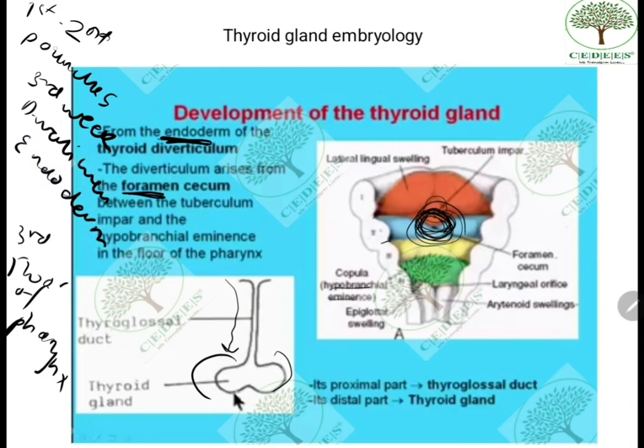So these 4 to 5 points keep in mind, and initially formed at the tongue base and then it travels downwards to reach its final position in the neck. So this thyroglossal duct will later on disappear, but sometimes persistence of this duct can put the person at risk for developing thyroglossal cysts. So this is about the embryology of thyroid gland.